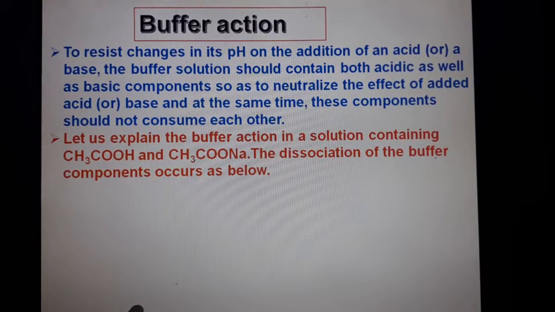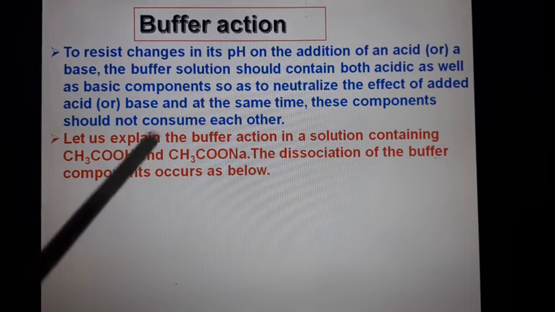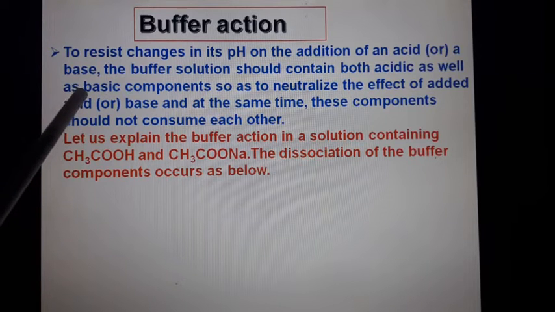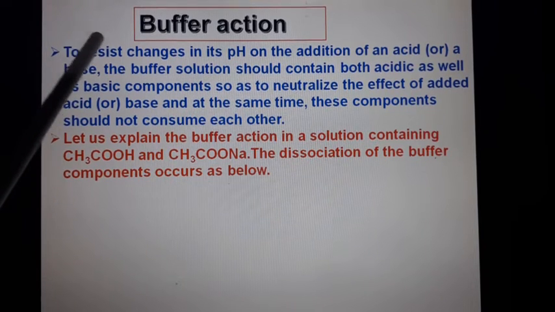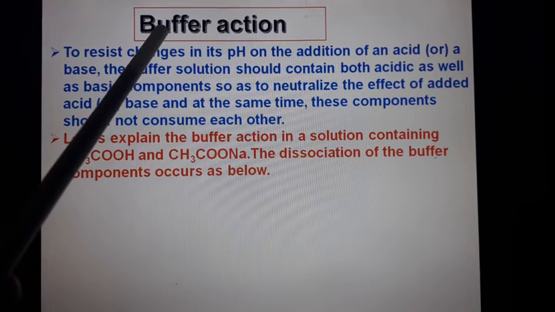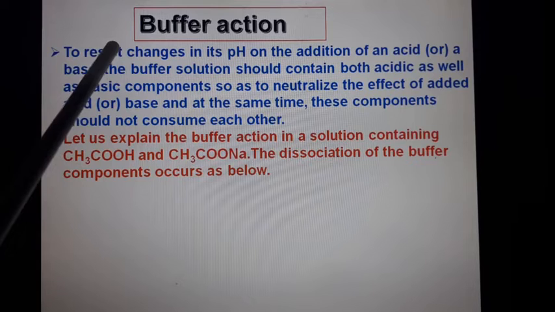What is buffer action? To resist changes in its pH on the addition of an acid or a base, the buffer solution contains both acidic as well as basic components. Once again, to resist the changes in its pH on the addition of acid or base.